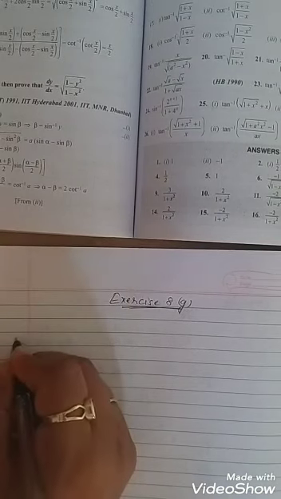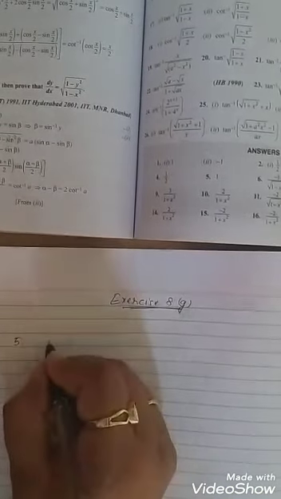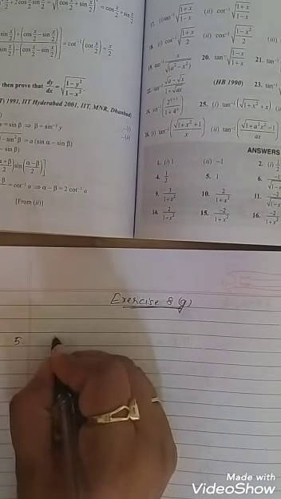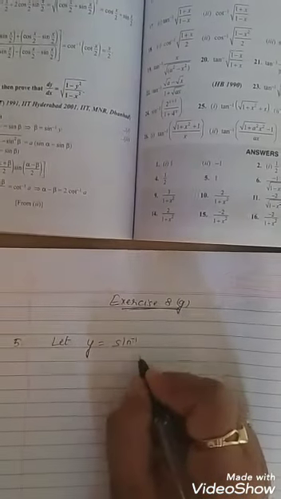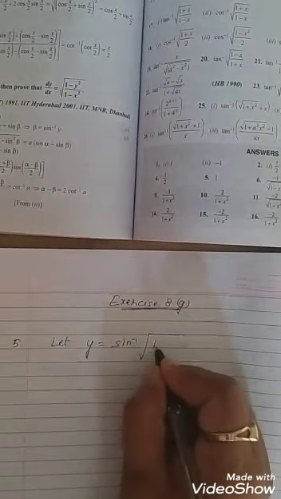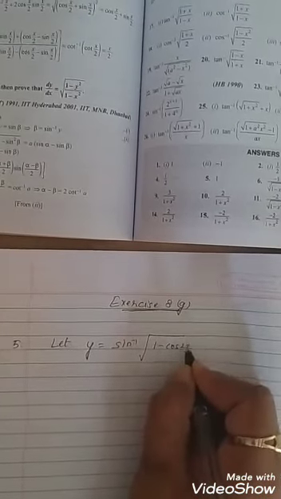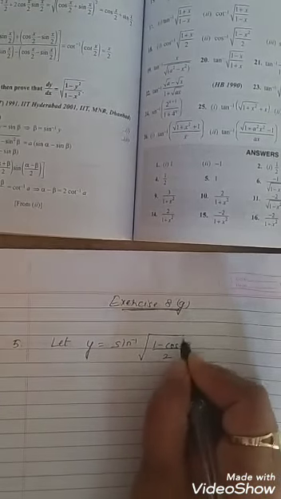Question number 5. We'll let it be y. Let y equal sine inverse of the square root of (1 minus cos 2x) upon 2.